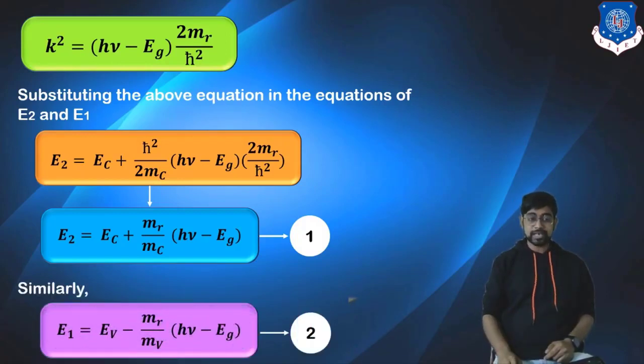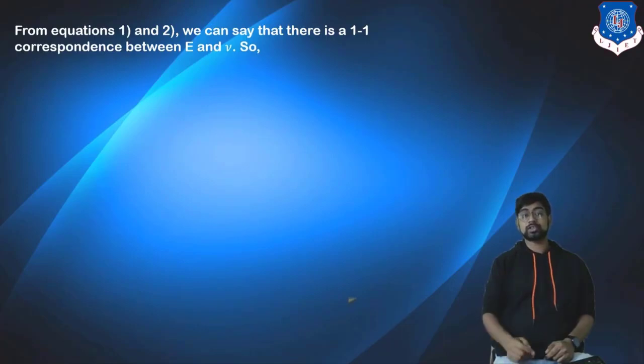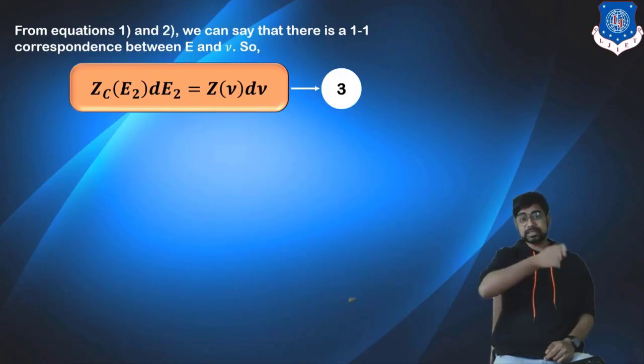After getting E1 and E2, what are we supposed to do now? After that, we need to get a one-to-one correspondence between E and v. So we are getting Z. Whenever we get a term like Z, it is always a density of states. So Zc(E2) dE2 is equal to Zv dv.